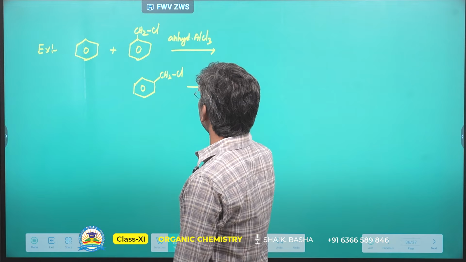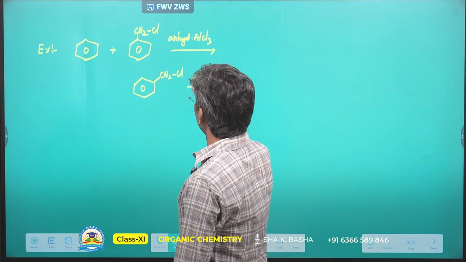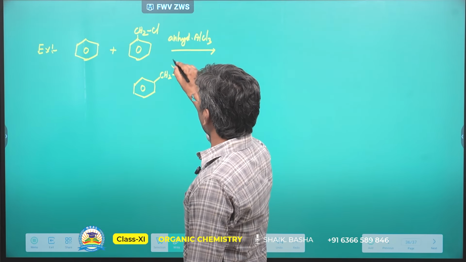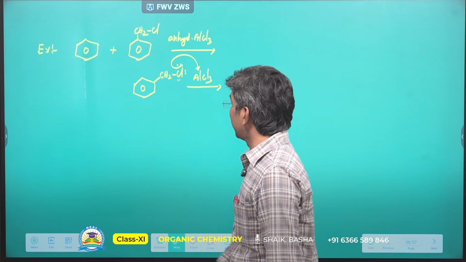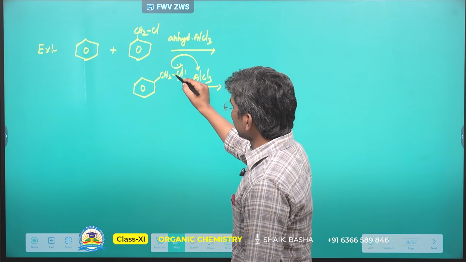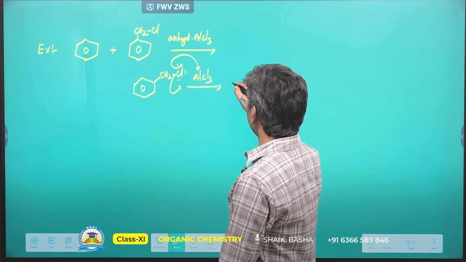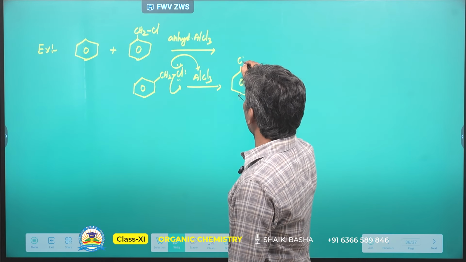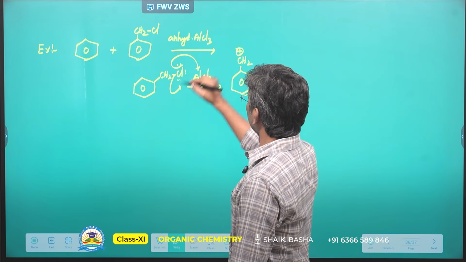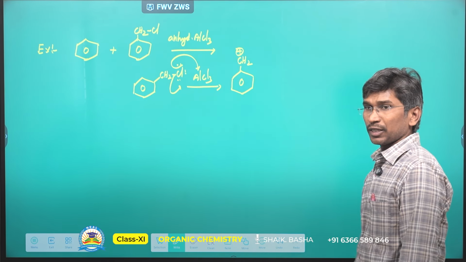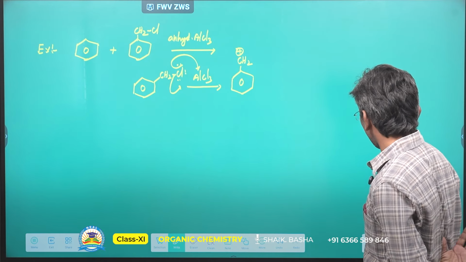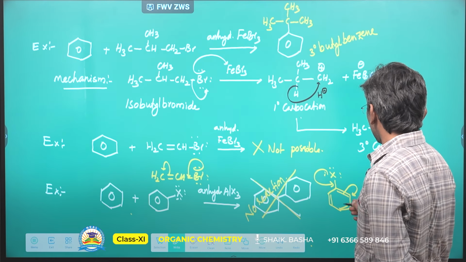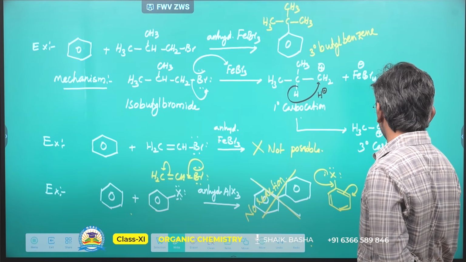On treating with AlCl3, halogen is having lone pair. It can donate an electron pair to the aluminum. Halogen gets positive charge. It takes the electron pair from CH2. CH2 plus will be formed. But previously, whenever we observed this reaction, benzene had to get the positive charge.